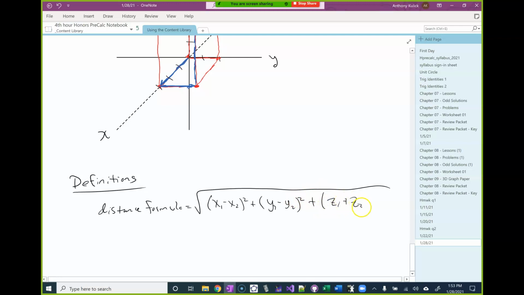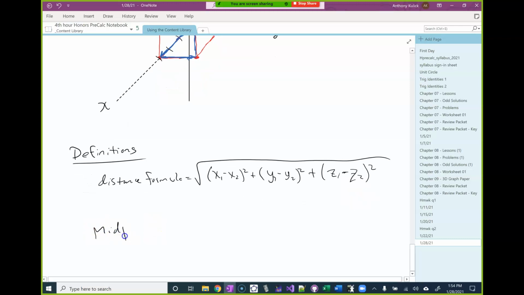Exactly what you'd hope, just with the appropriate modification. We just add a third component to it. So it looks just, oh my goodness, that's not a plus sign there. So it looks just like the distance formula in 2 dimensions with that third component added in there. Not surprising, that's pretty much what we'd hope for and expect.